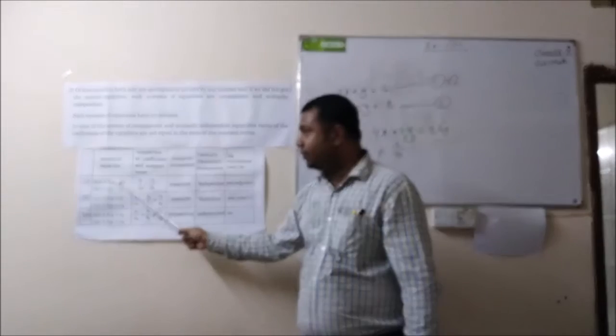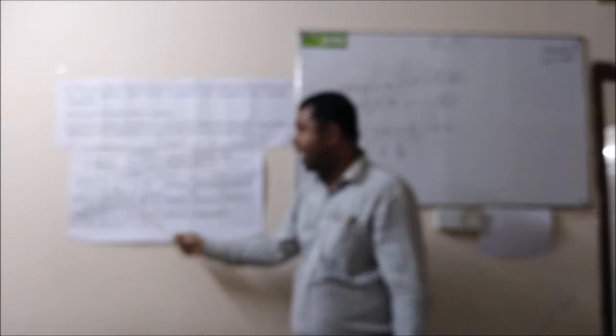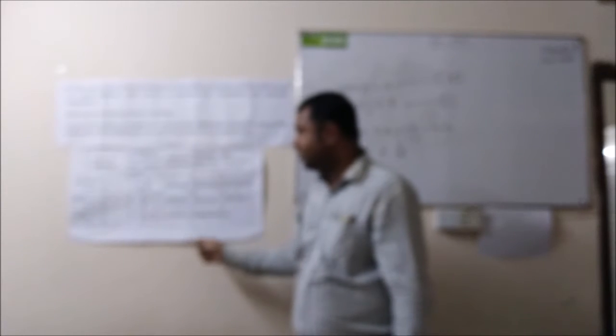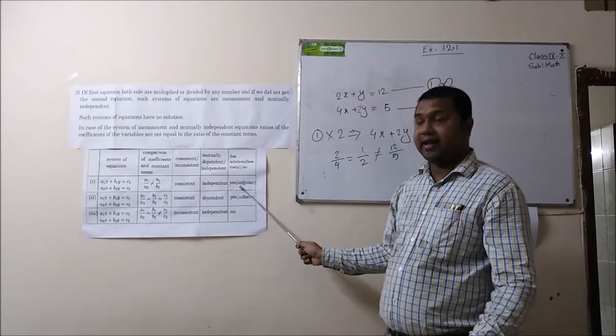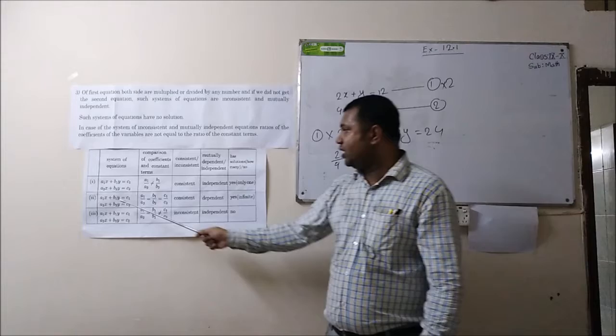If the ratios of the coefficients of x and y are not equal, we call it consistent, independent, and it has one solution.